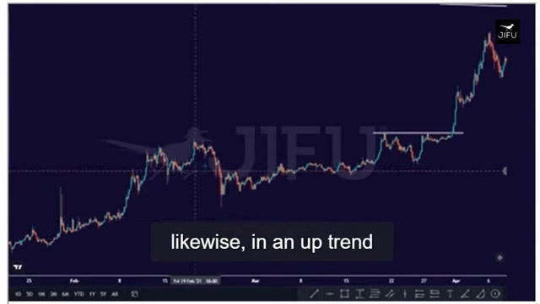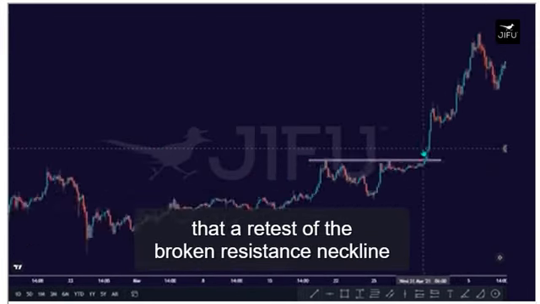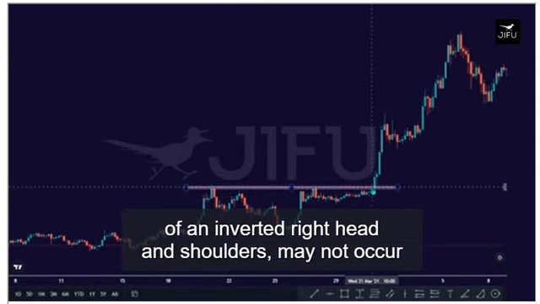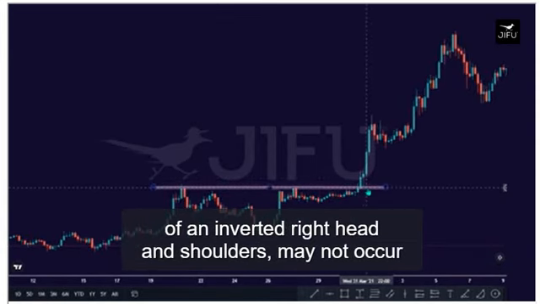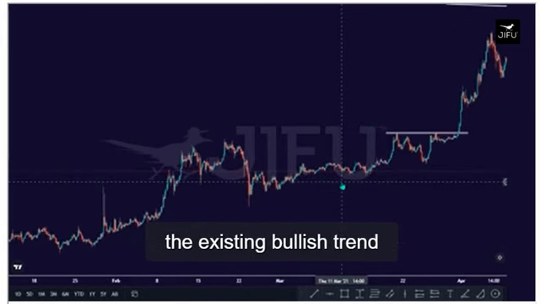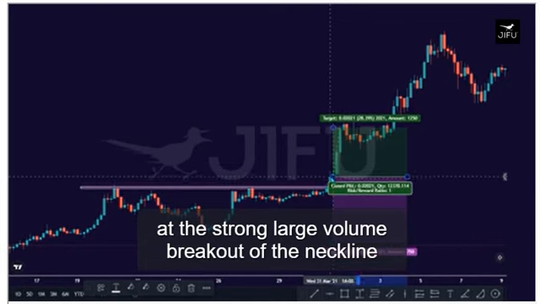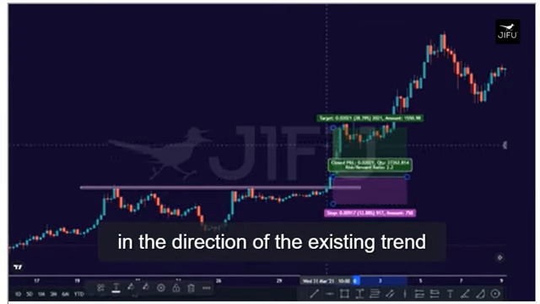Likewise, in an uptrend, there's a higher possibility that a retest of the broken resistance neckline of an inverted head and shoulders may not occur because the pattern supports the existing bullish trend. Traders could make an entry at the strong large volume breakout of the neckline in the direction of the existing trend.